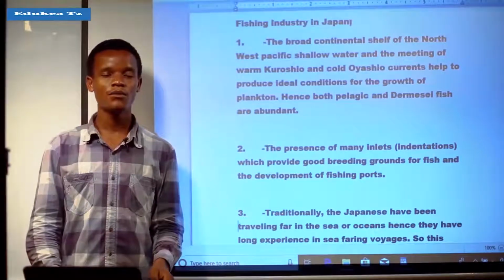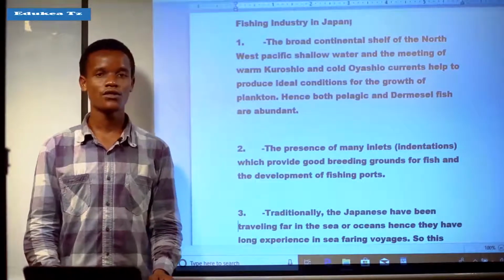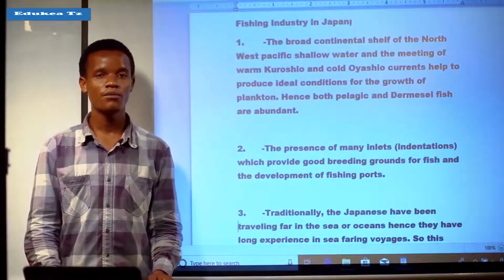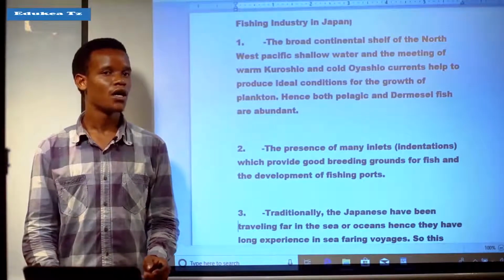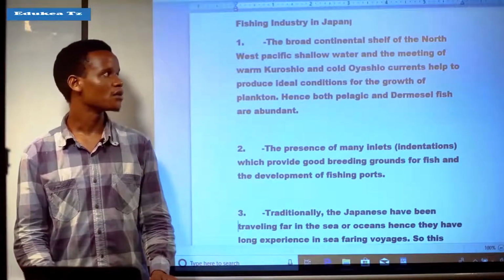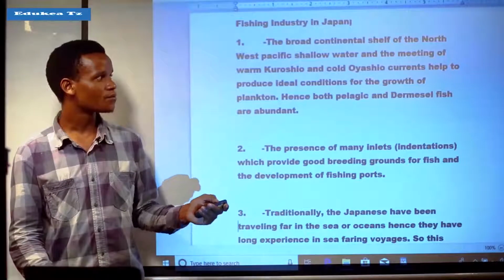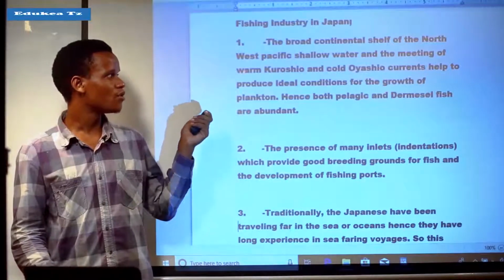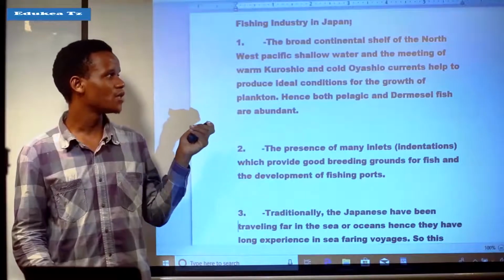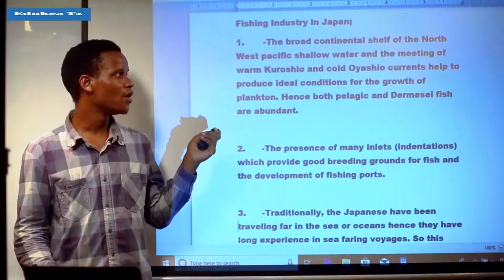The availability of the broad continental shelf found in Japan contributed much to the development of fishing. So how did the continental shelf contribute to fishing in Japan? It is through the meeting of the warm Kuroshio and the cold Oyashio currents, which helps produce ideal conditions for the growth of plankton.